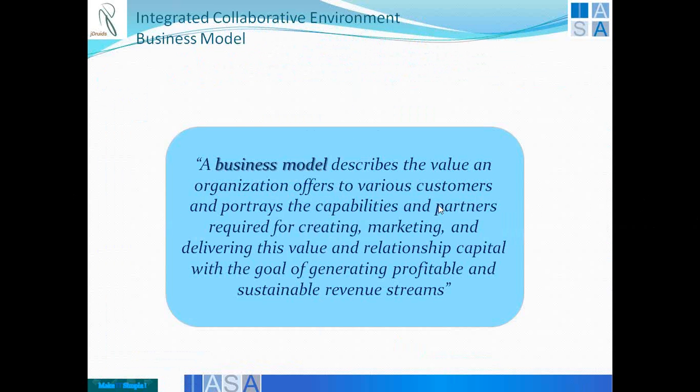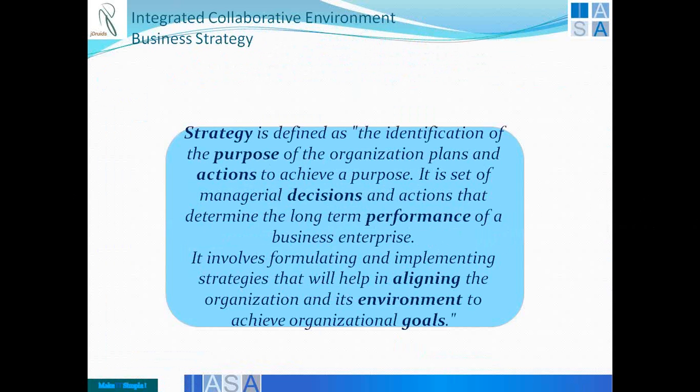Now if you go further, you have a strategy to meet that particular business model. You have to have a strategy, without which we cannot do an everyday trial and error process. So the organization actually identifies the purpose, actions, what kind of decisions are needed, what kind of performance you need for the business enterprise to meet your goals.